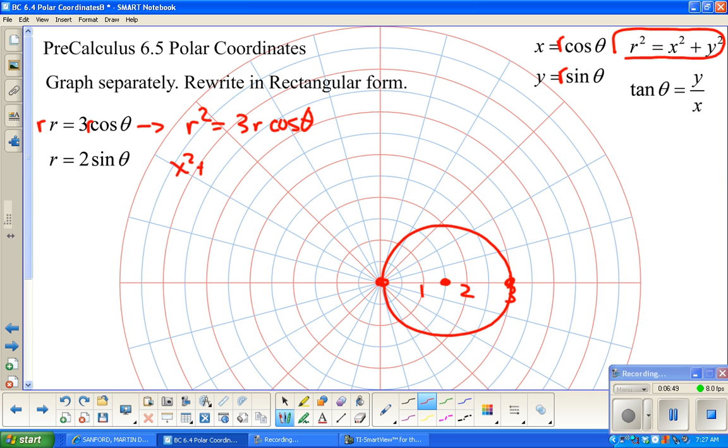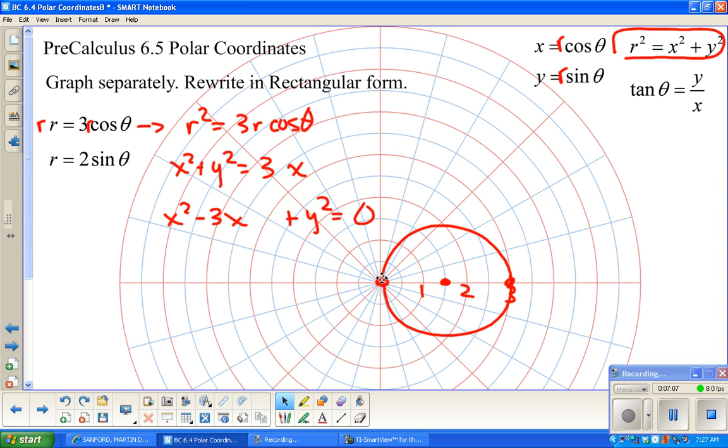R squared is x squared plus y squared. R cosine theta is x. And now I'm going to change the form. This is the equation of a circle, and it's in kind of a jacked up form. So, now completing the square, half of 3 is 1.5, and 1.5 squared is 2.25.